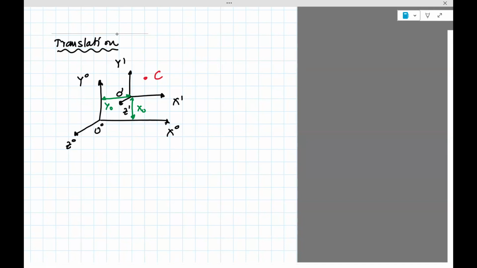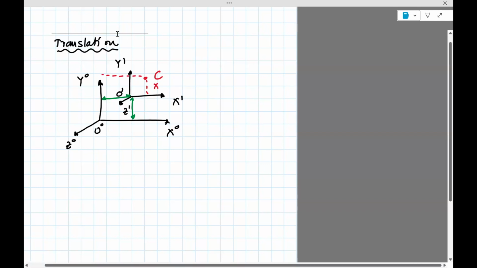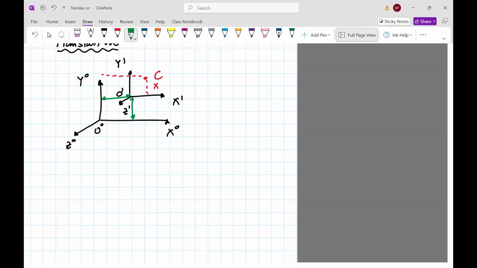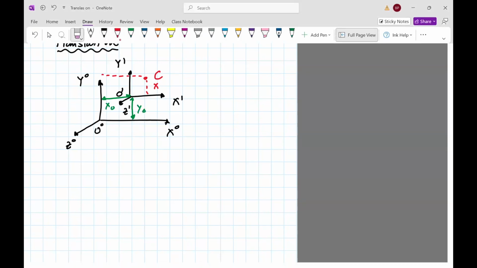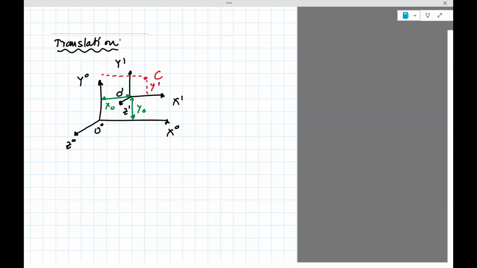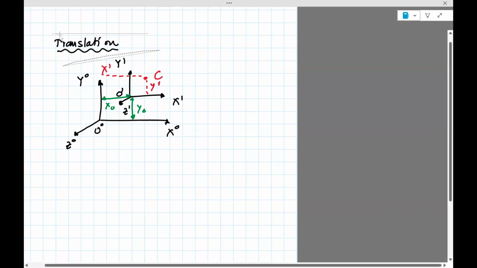You could also describe it with respect to frame 0. If you describe it in frame 1, then we'll call that distance X. I made a mistake here. This should be swapped. This should be Y1, sorry, and this should be X1. Let me just blow this up.